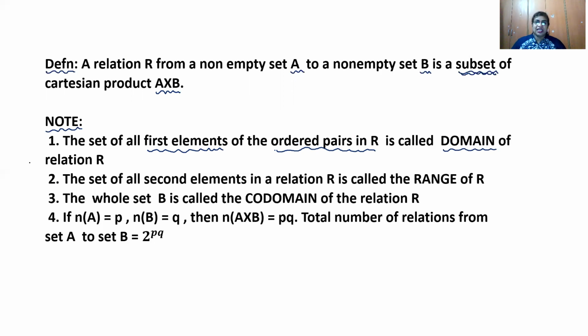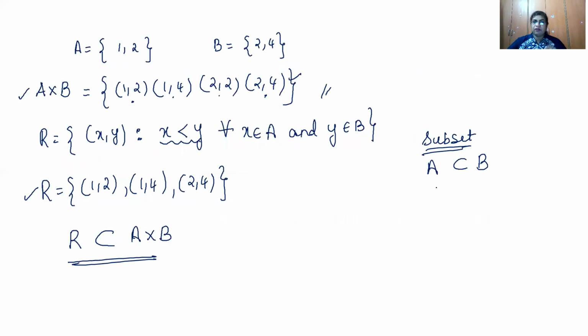Next, I will explain with the previous example, but let us go through this once more. The set of all second elements in the relation R is nothing but the range of R. So if I come to the previous example here, look at R over here. Which are the first elements? 1, here it is 2.